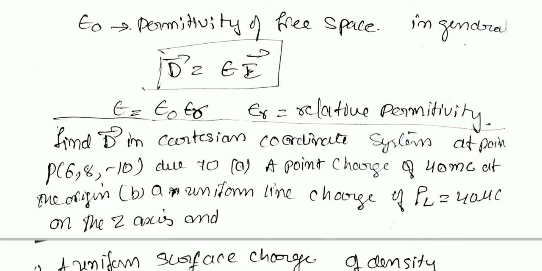So now we'll go for a problem. Find D in the Cartesian coordinate system at a point P equal to 6, 8, minus 10 due to three cases. We are measuring the electric flux density at point P, which is situated at 6, 8, minus 10 in Cartesian coordinates, due to three things.